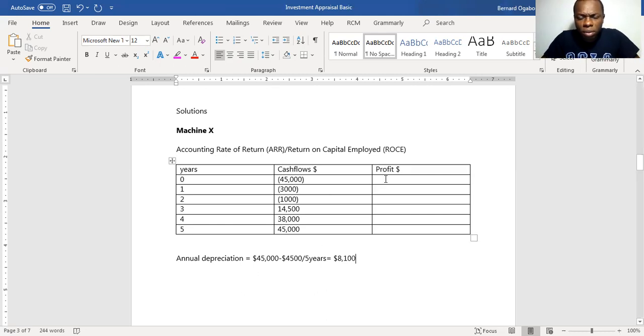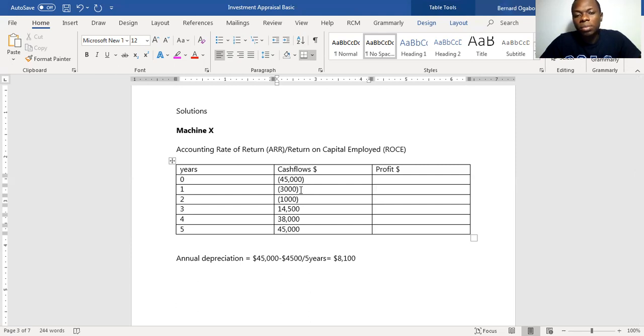So the cash inflow, rather. I had a loss in year 1 of 3,000, and I'm going to less depreciation of 8,100. So that increases my loss to 11,100.